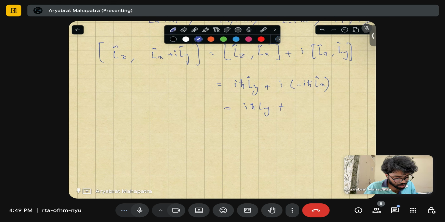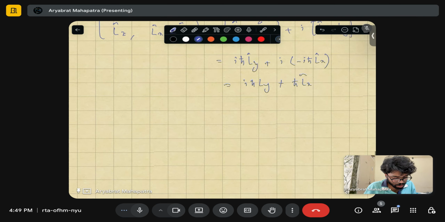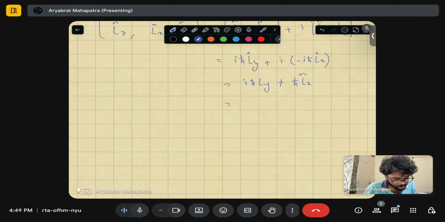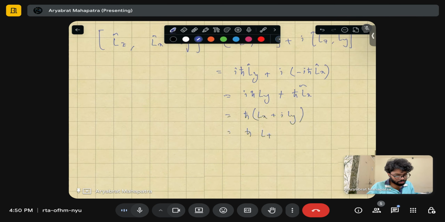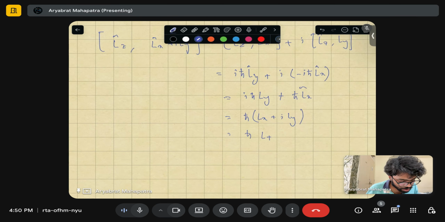So from here you get h bar LX plus I h bar LY, and you can write this as h bar times LX plus I LY, which is again nothing but h bar L plus. So finally you have LZ L plus is h bar L plus.